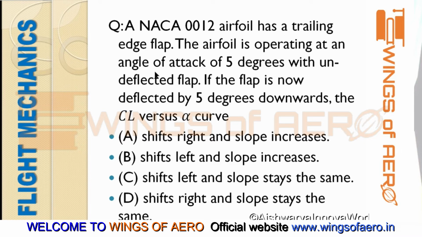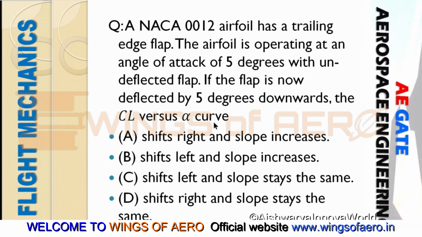Here they have given the angle of attack as 5 degrees when the flap is not deflected. That is the first condition, undeflected. The second case is when the flap is deflected by 5 degrees.